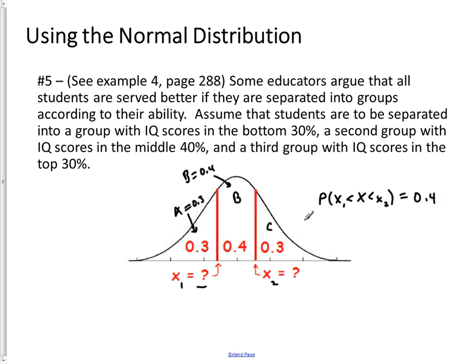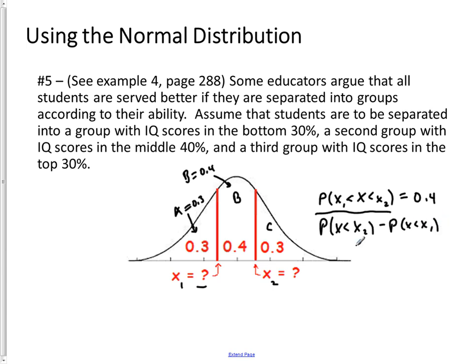So how are we going to work this out? If I knew what x1 and x2 were, I would have taken the probability that x is less than x2 and subtracted away the probability that x is less than x1.